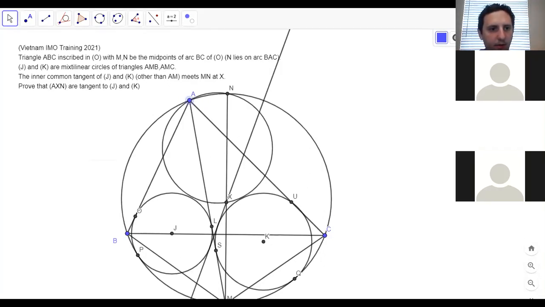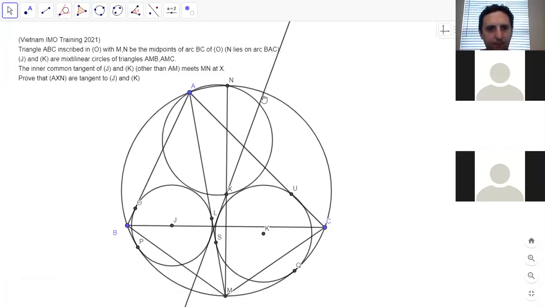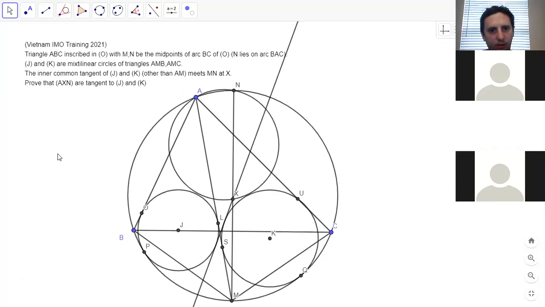So a mixtilinear... Okay, it should intersect BD. But wait, this. I don't think N is right. So N is supposed to be... Yeah, can you? Oh.